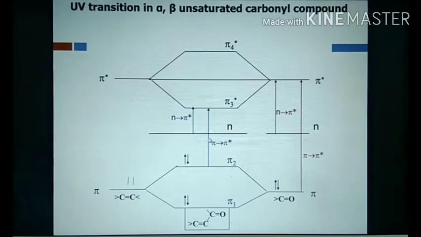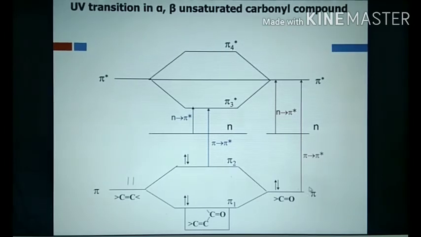Undergoes transition from pi 2 bonding molecular orbital to pi 3 star antibonding molecular orbital. अब ये कौन सा है? अल्फा बीटा unsaturation. कार्बोनाइल में कहाँ पे है? ये pi to pi star, isn't it? इथिलीन में ये pi to pi star. तो ये energy देखिए, ये pi to pi star transition in carbonyl और pi to pi star transition in alpha beta unsaturated compound. ये energy कैसी हो रही है यहाँ पे? Less. ये energy कैसी है? बहुत ज़्यादा है. It requires more energy for transition.